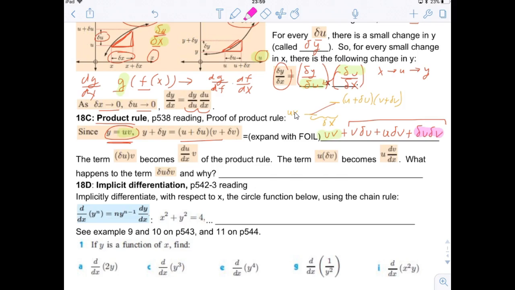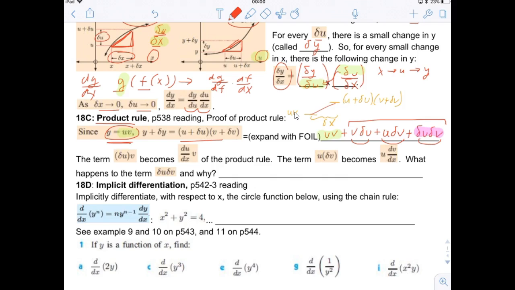If you look at the other two, you have a v, which is a significant length that is not anywhere near zero, times delta u, which is close to zero. And here you have u, which is a significant length not close to zero, times delta v, which is close to zero. So if you have something that is not zero times something that is close to zero, it's not going to be as small as delta u delta v, which is two really small things.